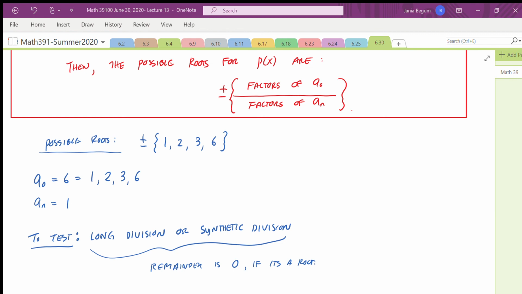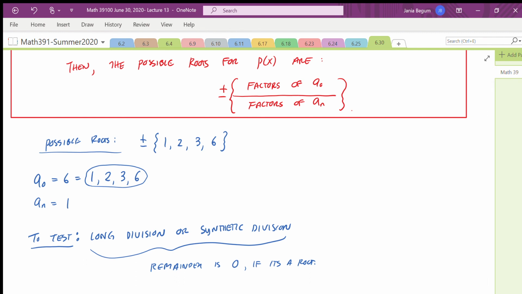Alright, someone had a question. Oh, these are the factors of 6. So 1 is a factor of 6, 2 is a factor of 6, 3 is a factor of 6, and 6 itself is a factor of itself.